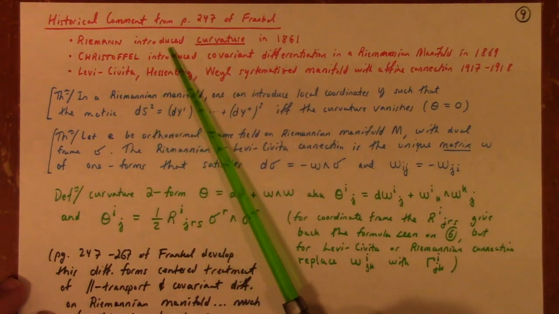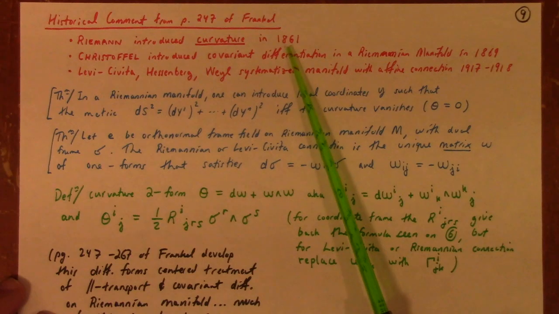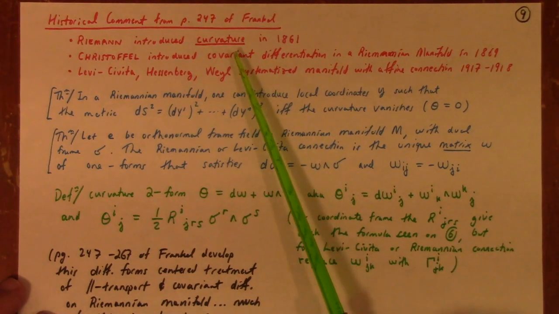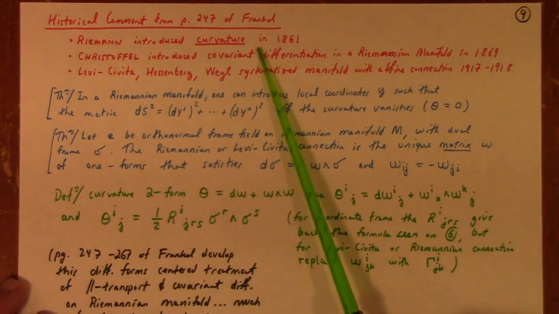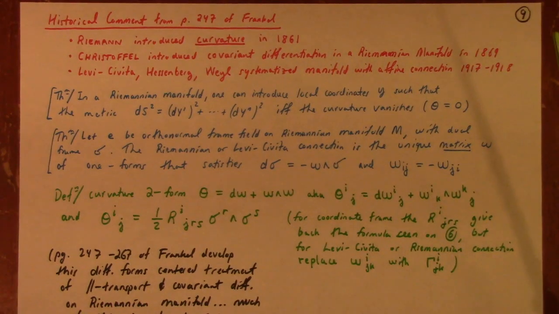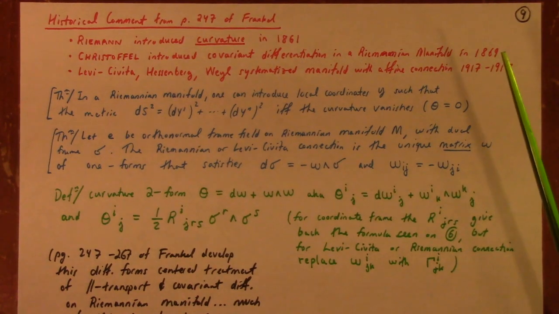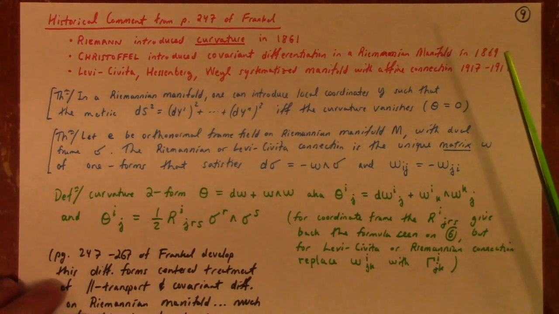anyway, so Riemann introduced curvature in 1861. Right, and that's actually also where he gave explicit formulas for the curvature tensor. Up to that point non-Euclidean geometry had been studied, but primarily in the hyperbolic context, and also a lot in the formal context of, hey, what if I logically take Euclid's axioms and replace them with slightly modified axioms?